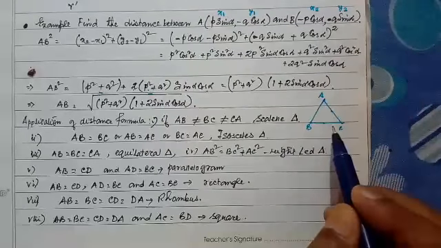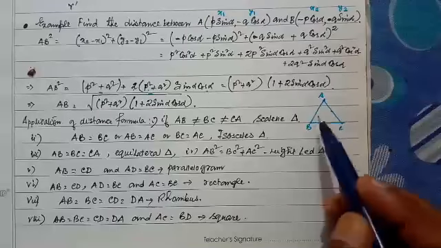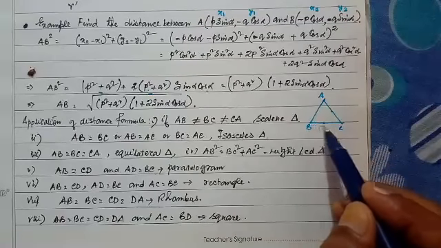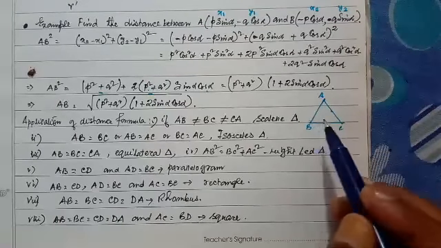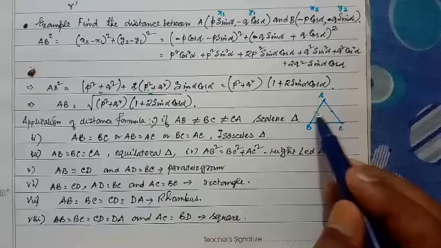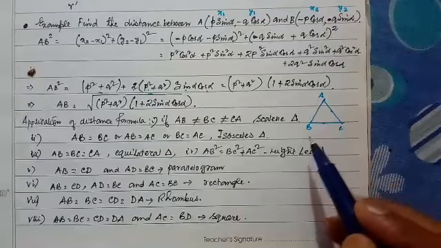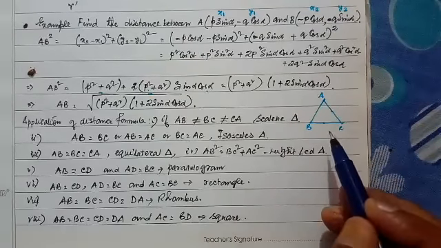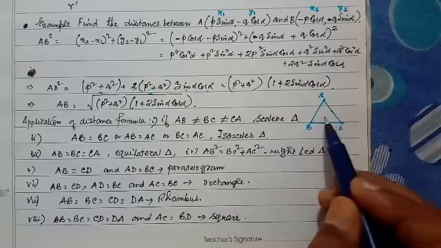Number 3, if we see that AB is equal to BC is equal to CA or AC, that is all the sides, measurement of all the sides is equal, then this is an equilateral triangle.